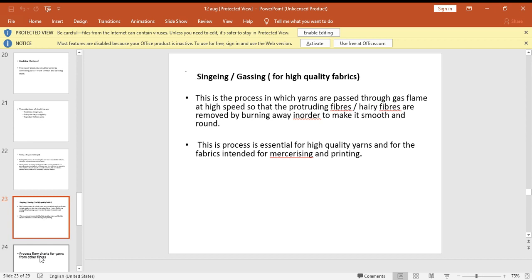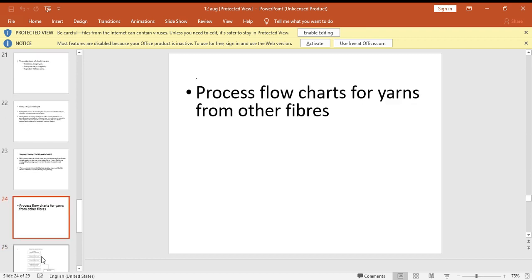Singeing or gassing for high quality fabrics: this is a process in which yarns are passed through a gas flame at high speed so that the protruding or hairy fibers are removed by burning away in order to make the yarn smooth and round. This process is essential for high quality yarns and for the fabrics intended for mercerizing and printing.